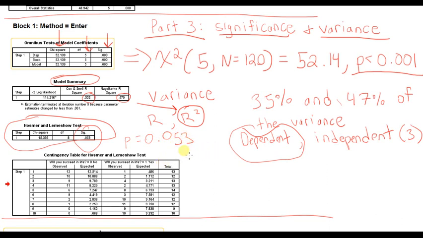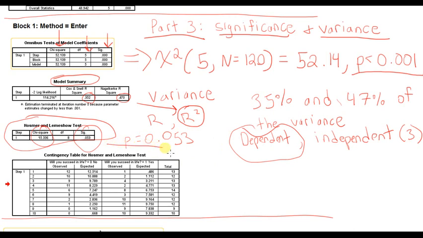If we consider values less than 0.05 to be significant, then this value of 15.336 for our chi-square is insignificant, and that's good. That's what we want.